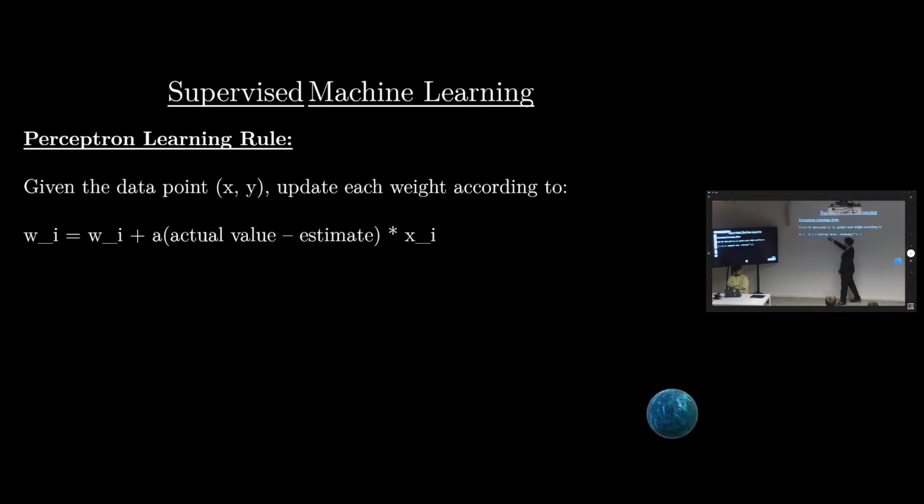That's why actual value minus estimate will be a positive number, which is added to the weight and makes it bigger. If our estimate was bigger than the actual value, then actual value minus estimate would be a negative number, and adding it to wi would make the weight smaller. Then we repeat this process until at some point we hopefully converge.